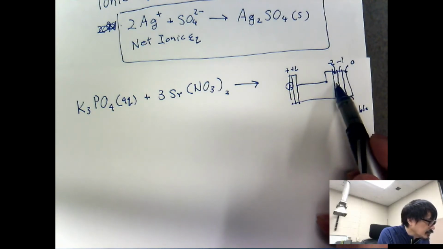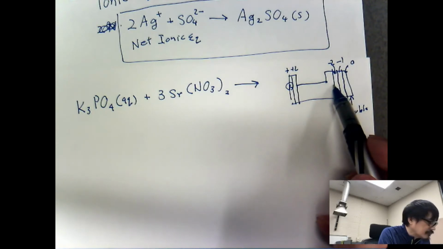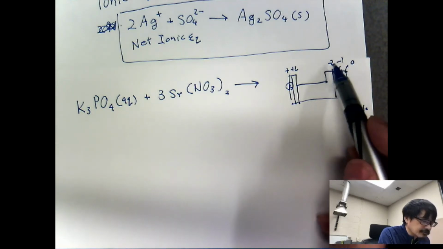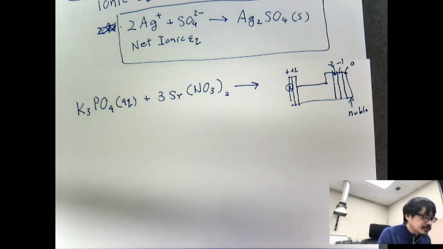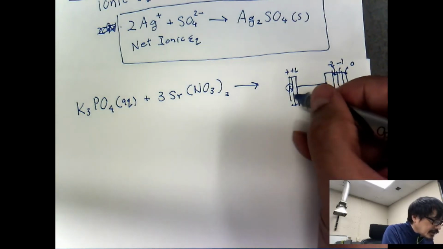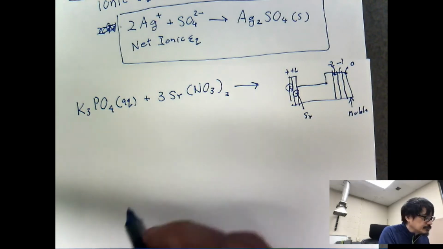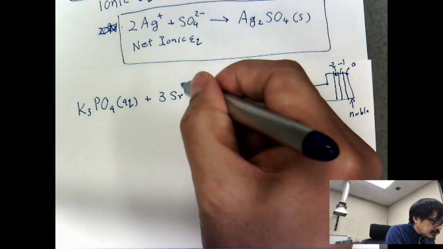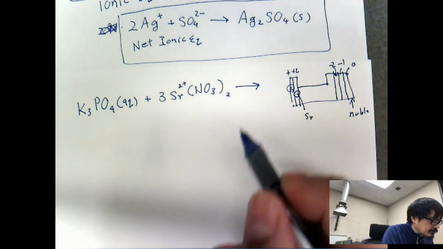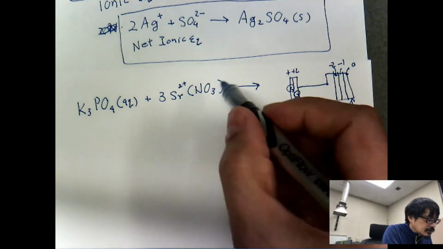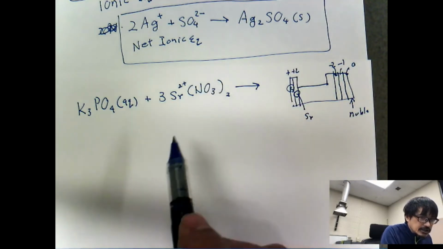Oxygen, sulfur, all of those are going to have negative 2. So that's just a general rule. So Sr happens to be somewhere around here, so I know that this one right here is going to be 2 positive. NO3, what do you think about this charge right here?